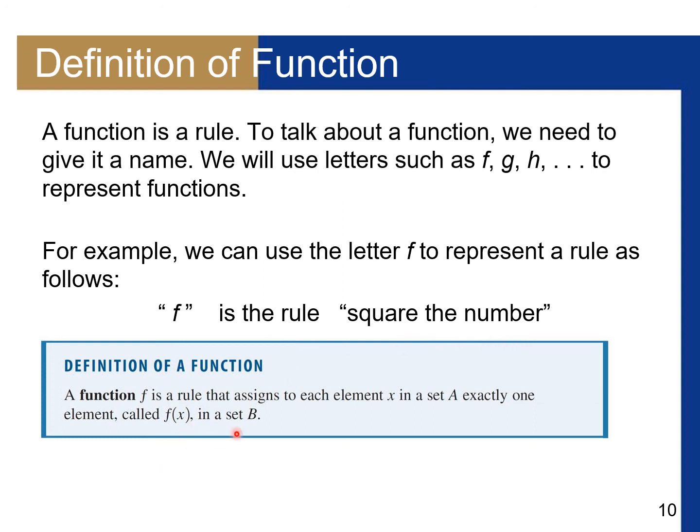A function is a rule that assigns to each element x in the set A exactly one element called f of x, the result that you get, in a set B. This "exactly one element" is very important for you to remember in this definition.